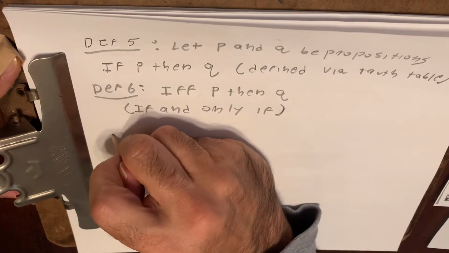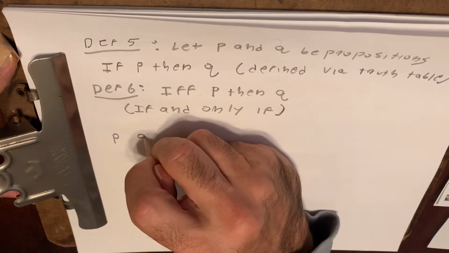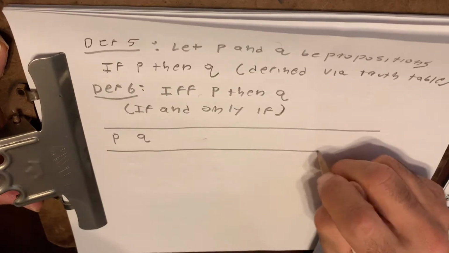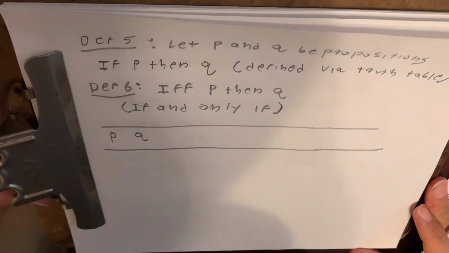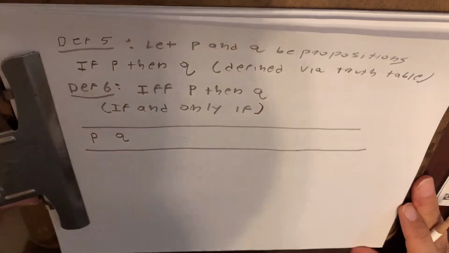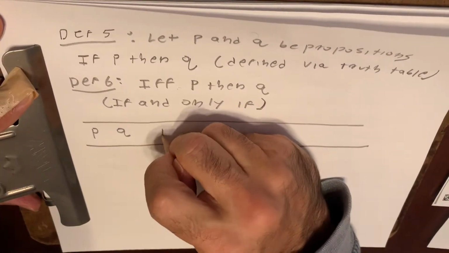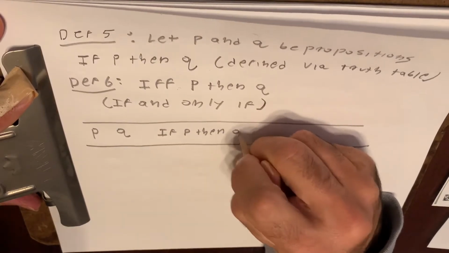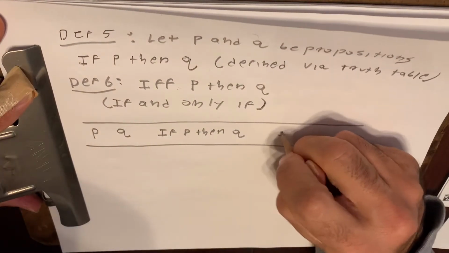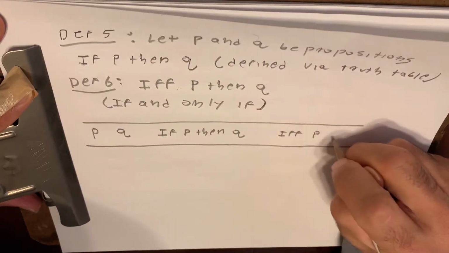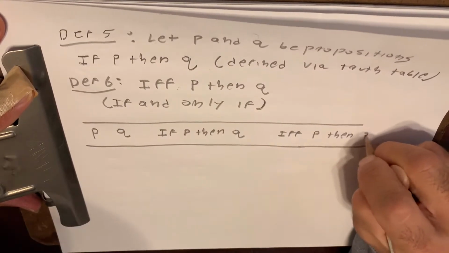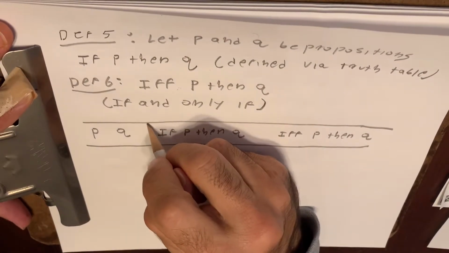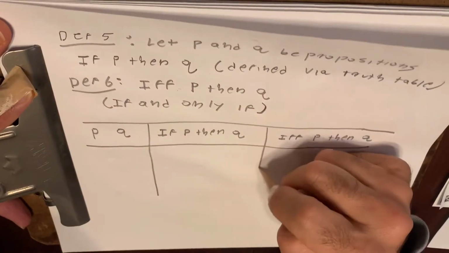So we're going to start with P and Q, just like we always have. All right. So we're going to have if P, then Q, and then we're going to have if with two F's, P, then Q. So I'm going to define these two logical constructs together.